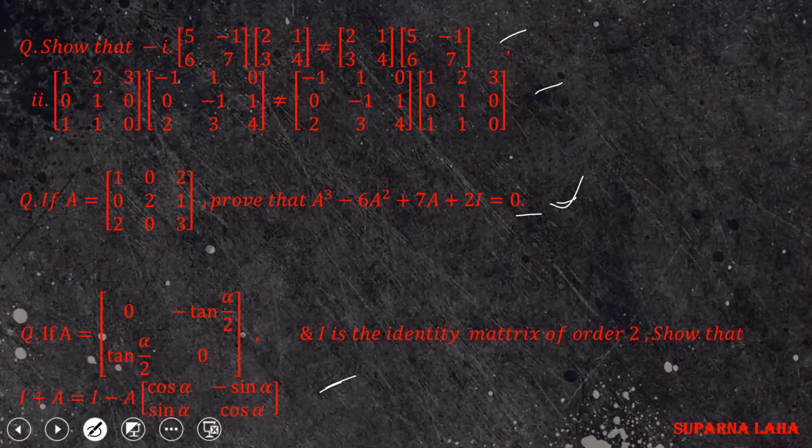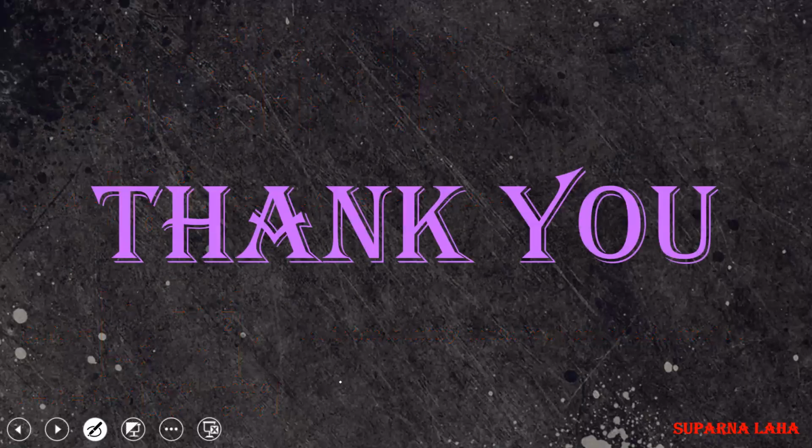Let's find, is there any two non-zero matrices that, when we multiply them, give a 0 matrix? So this is my question. You need to think about it. So till then, practice. And if any problem or any doubt is there, you are free to ask.